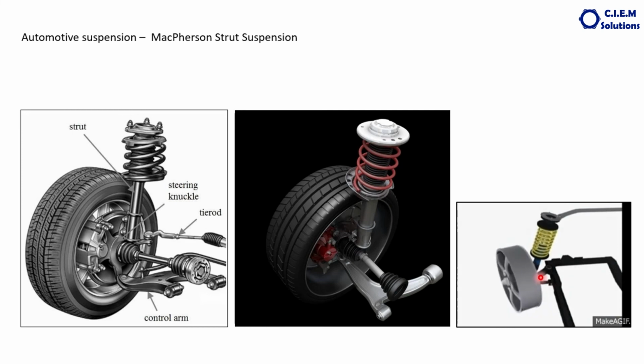Movement of this arm here, this is how it works. The Macpherson suspension system also is a simple design with fewer parts, and it is being used in the majority of passenger cars in the present generation, particularly in the front suspension system. And it is economical because of its affordability, simple design, and ease of maintenance. It is being used in the majority of passenger cars and light duty vehicles.